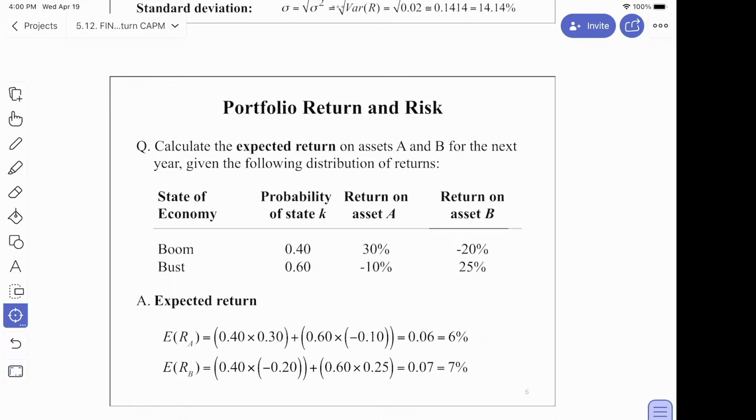Now, looking at these two assets, what can you say about them? What do you see in terms of their returns?